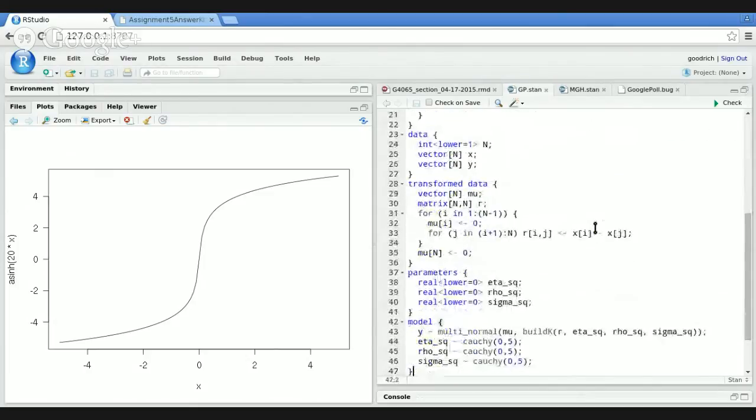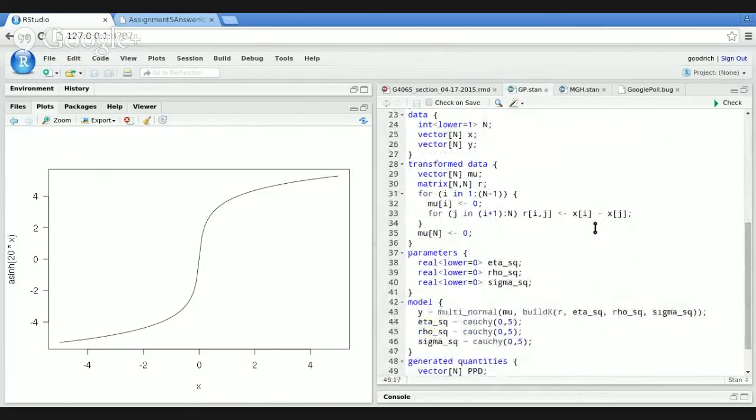just jumping ahead, as usual, you declare your data. In this case, we need additional data based on the differences between the ith observation of x and the jth observation of x. We're going to estimate the smoothing parameters of this Gaussian process. And the model of this is actually pretty simple.